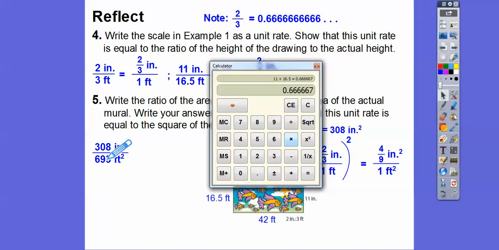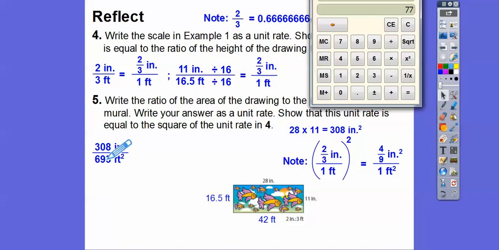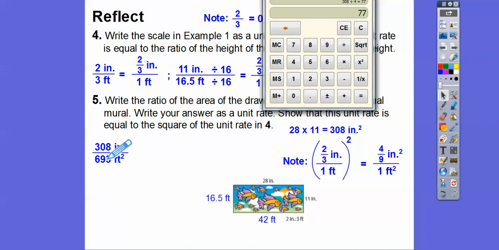Okay, so let me clear that. 308 divided by 4 gets me 77. Well, let's do 693 because we want it to get to 4/9 right there. So I want to see, how is this related to 9? So this related to 4 is 4 times 77. Let's see what 693 is divided by 9.